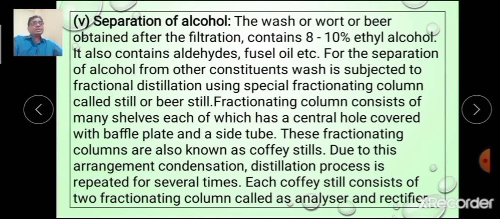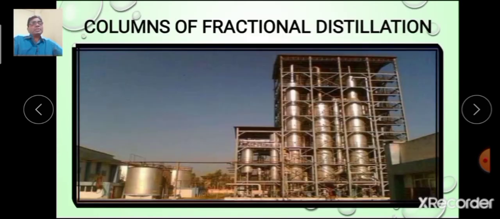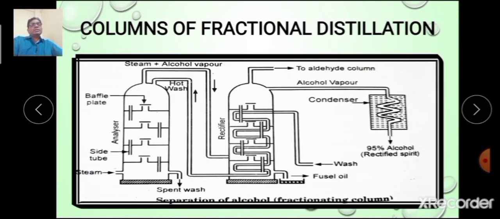Yes, we will show it in the diagram. This is a unit, and these are the tall columns.